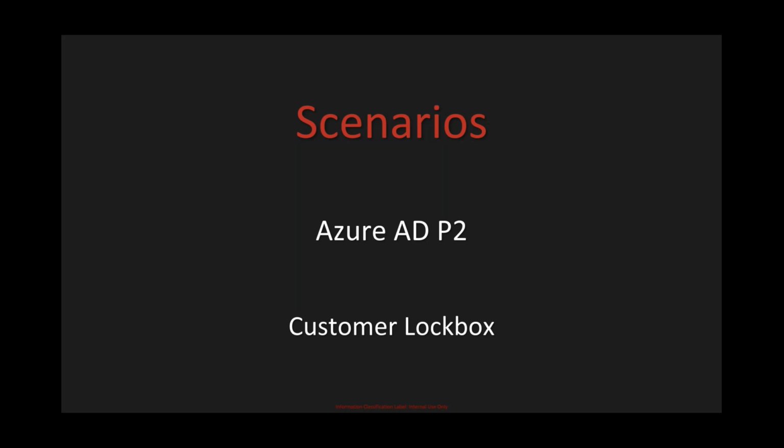Now I wanted to draw out the other scenario, which is something that's more of a tenant level type of license. For example, customer lockbox. Your customer lockbox is restricted access to your data.